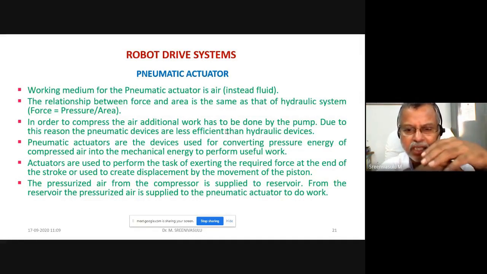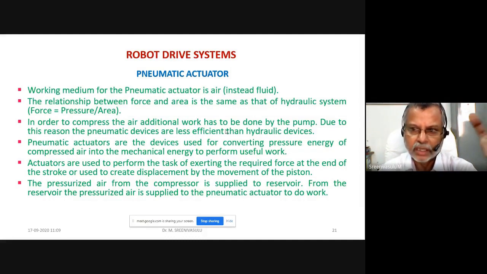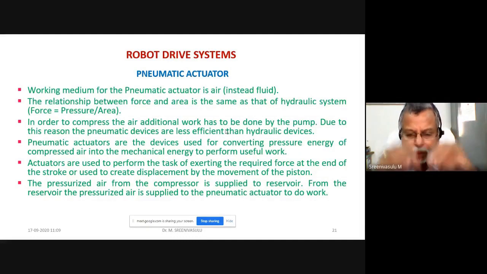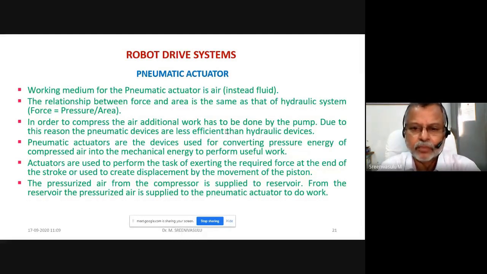The reason is, the moment the compressor has been switched on, the air is being compressed to some extent, and that is going to be supplied to this air tank. The moment it has been supplied to the air tank, it has got scope to expand, and again pressure drops.